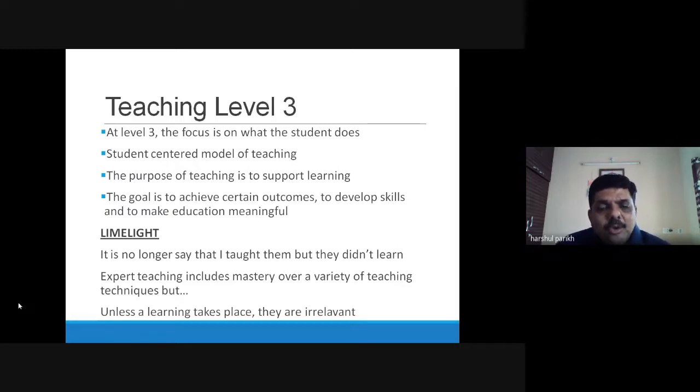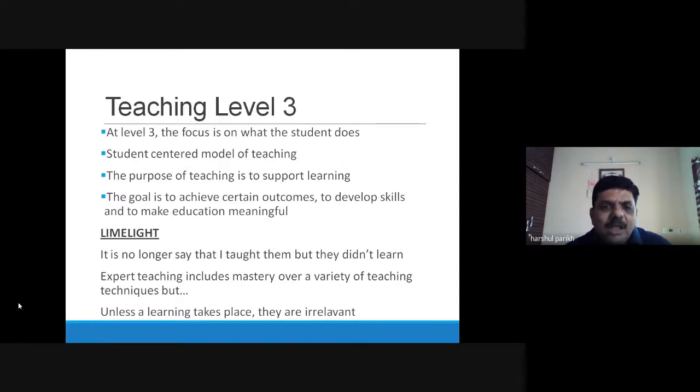The goal is to achieve certain academic outcomes and to assure the development of skill. So when we teach at level 3, it will be more fruitful and education becomes meaningful.